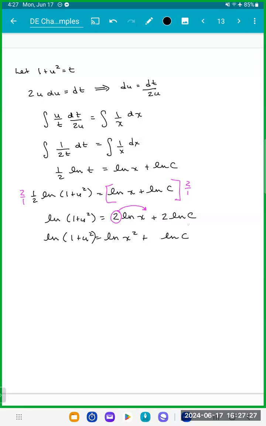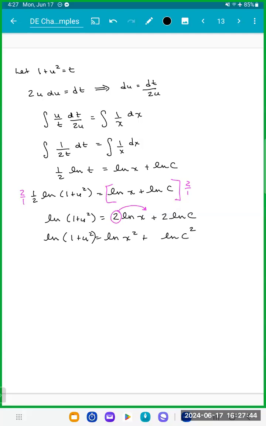Or we could say c squared as well, right? And just as with the earlier example, c squared or just the capital C, it doesn't matter. It's still just an arbitrary value.